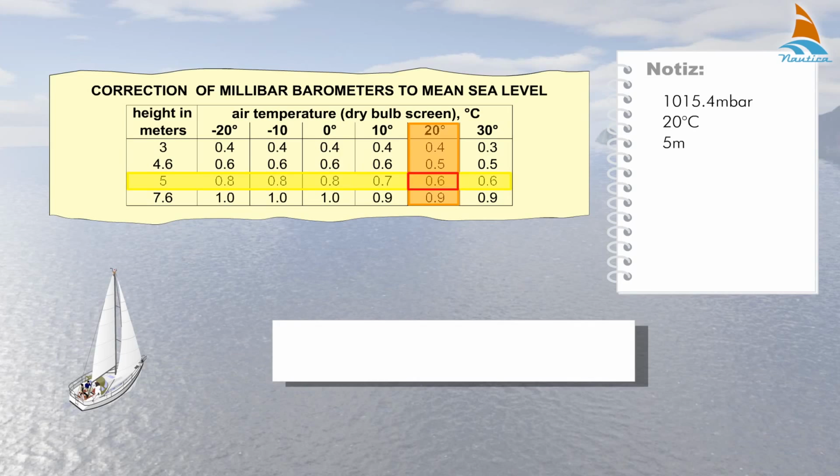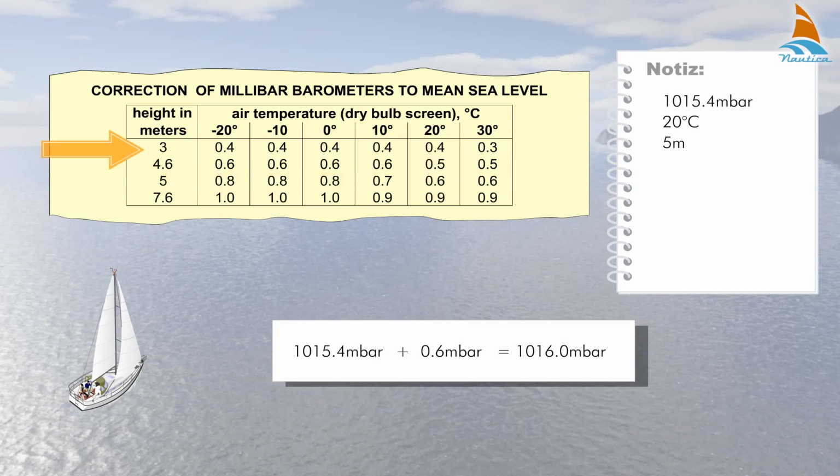Add this figure to your barometer reading. Hence, the barometer reading corrected to mean sea level is 1015.4 millibars plus 0.6 millibars, which equals 1016 millibars. Keep in mind that the greater the height above sea level and the greater the temperature, the greater your correction to mean sea level will be.